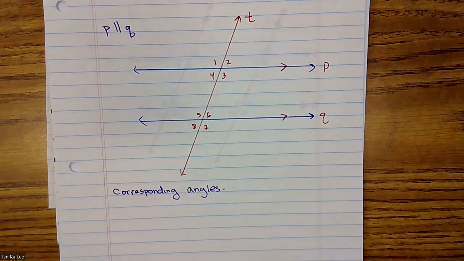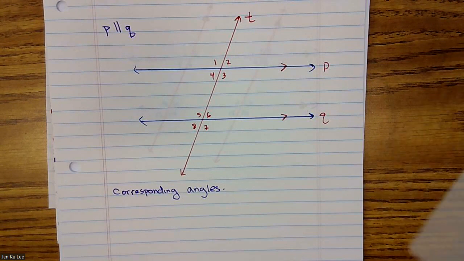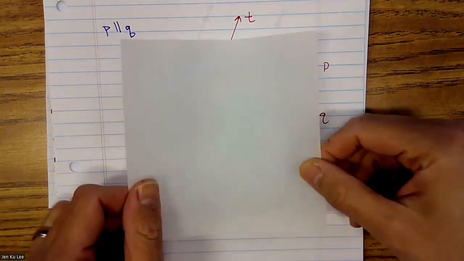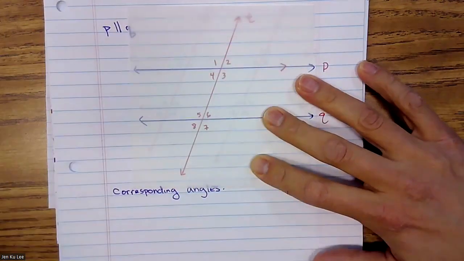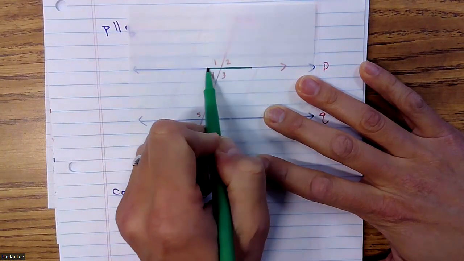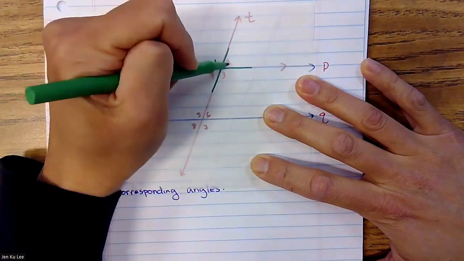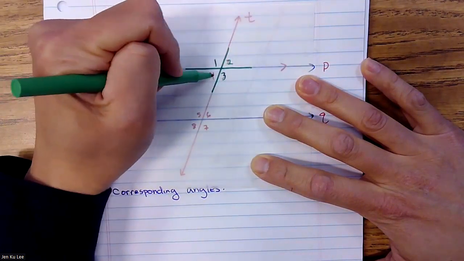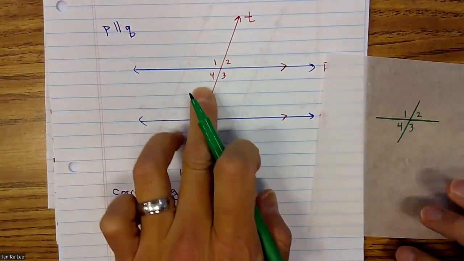Okay? And what I'm going to do to depict that is I have this little paper, right? I'm going to outline this first one, like that. 1, 2, 3, 4. Okay, so I'm going to treat this as one group.